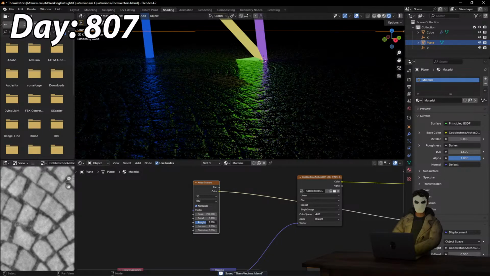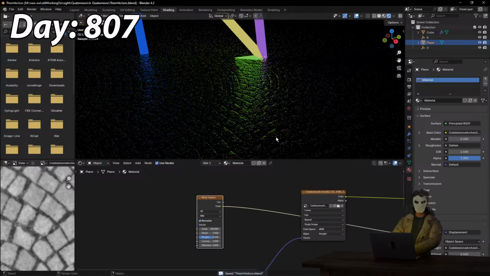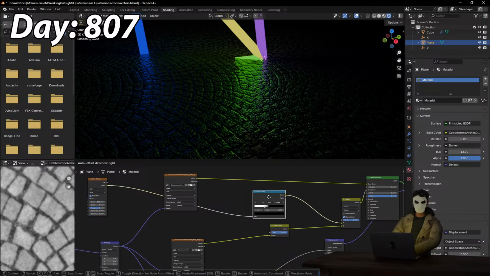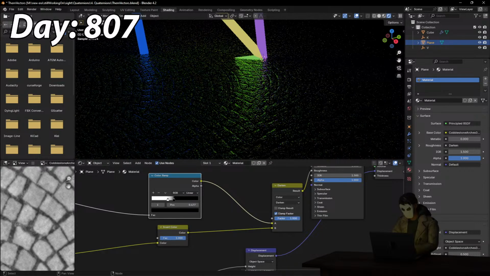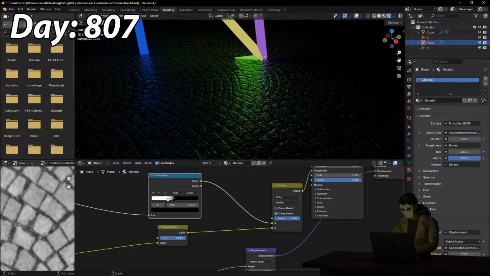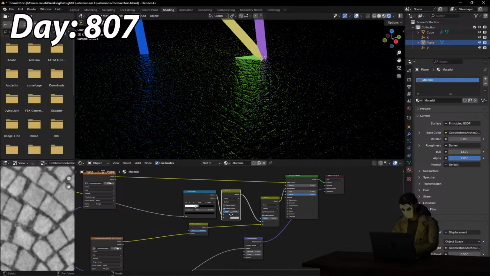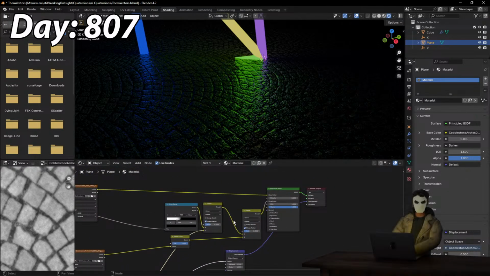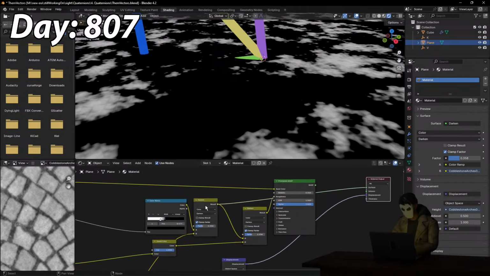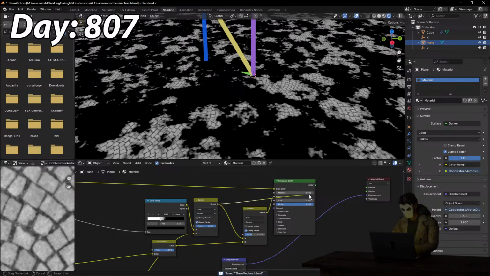Increase the detail a bit, the roughness. 300, because why not? Okay, now what we need to do is we need to combine it with the displacement in a way so that, that's exactly what I was looking for, actually. Oh yeah.